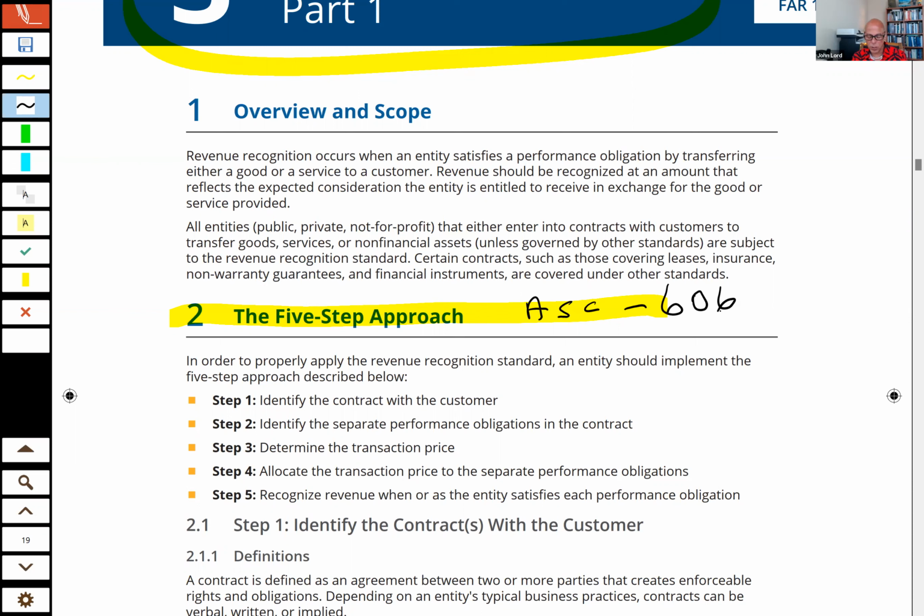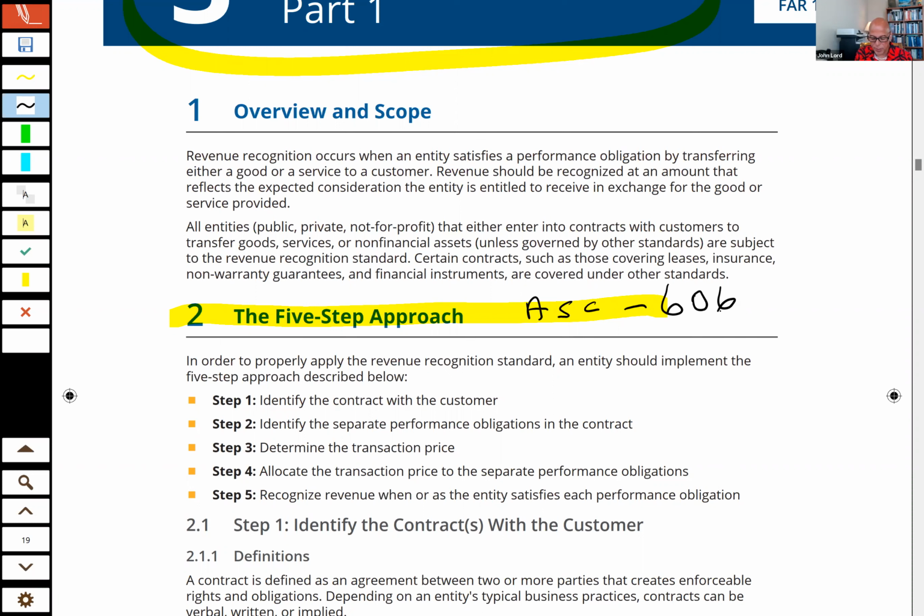Okay, so a lot of what's described here are things that you're probably used to from just studying, say, how to account for construction contracts or something, how to deal with unearned revenue, et cetera, that you maybe learned some of in your introductory accounting class. And all we're doing now is formalizing that process into these 5 steps.